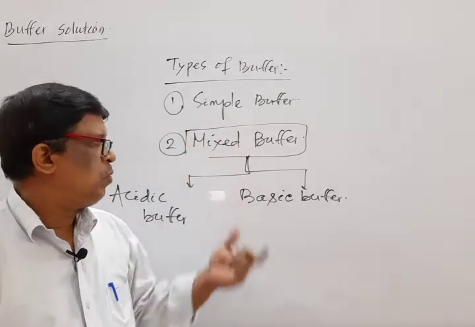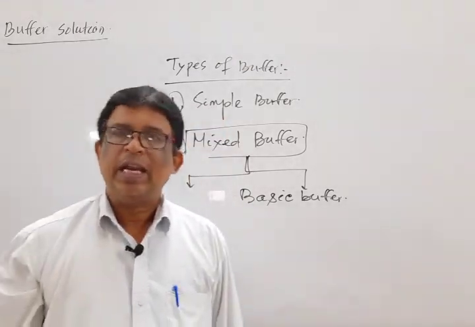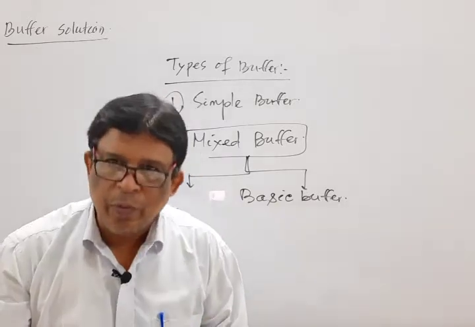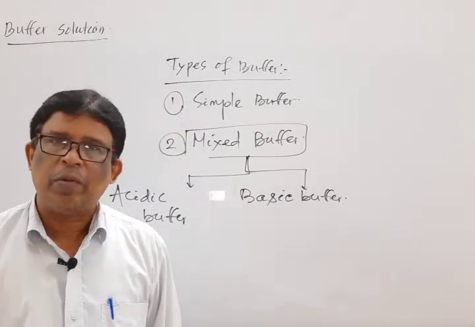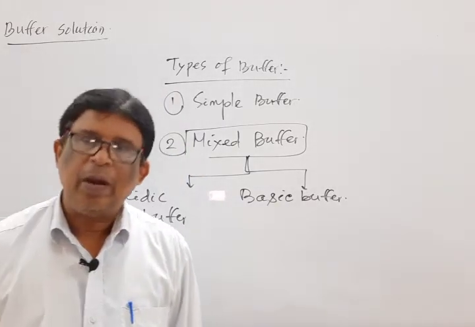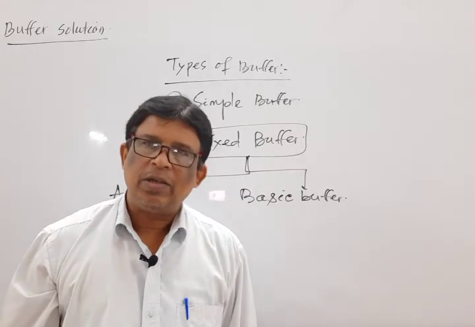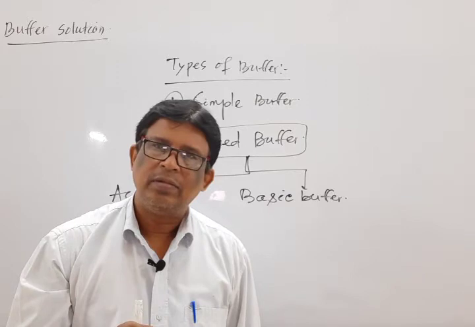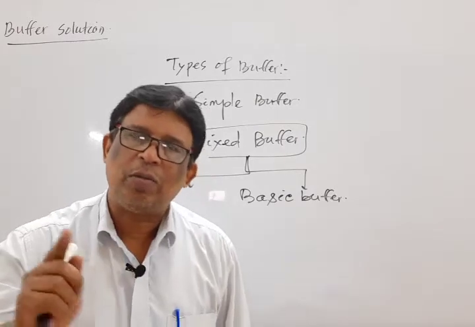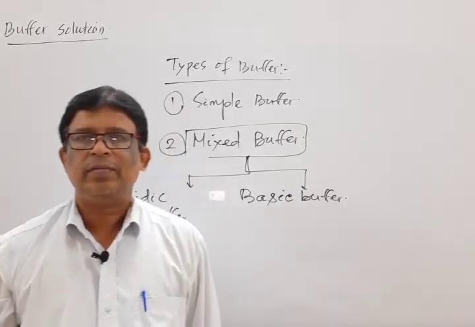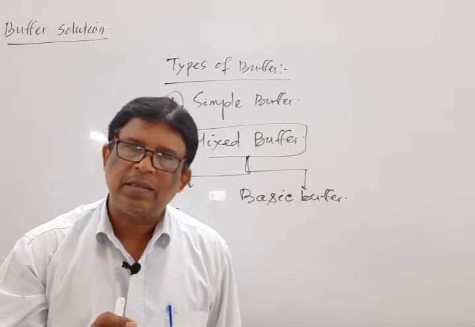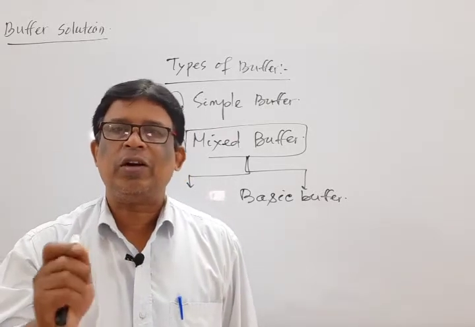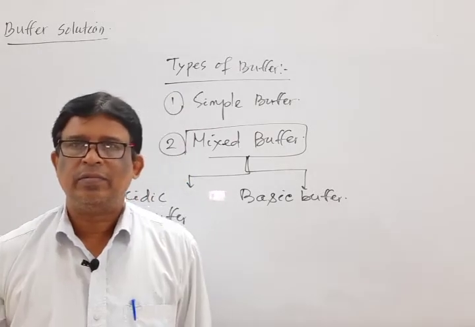First one is simple, it is a classification of buffer. Next is how we prepare a buffer or buffer solution. It is prepared by taking a weak acid and its salt of a strong base, and a weak base and its salt of a strong acid.